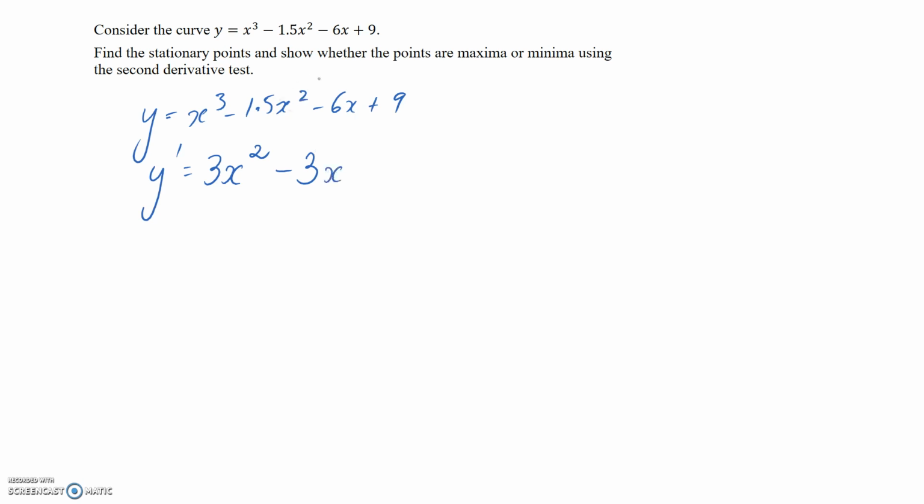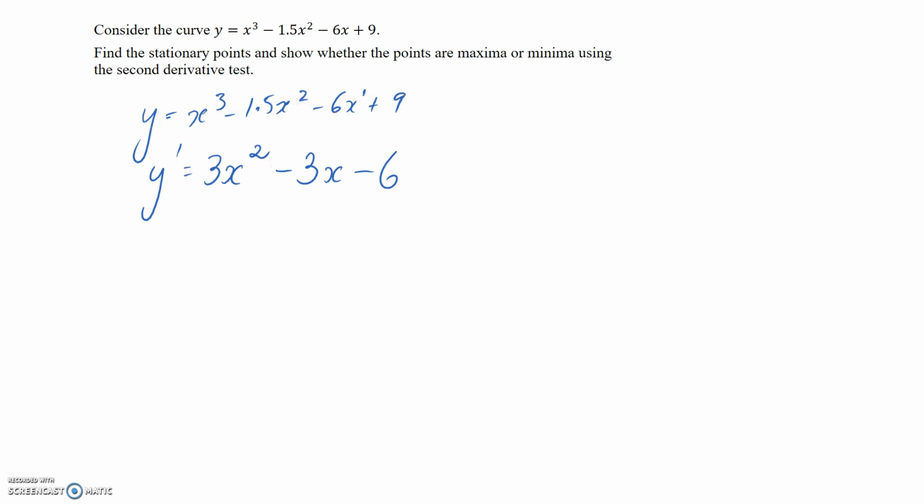X, take 1 off the power, that's going to go to 1, so I'll just leave it. This is like x to the 1, so 1 times negative 6 is negative 6. Take 1 off the power, x to the power of 0 is 1, so we'll just leave it as 6. And we know the derivative of a constant is equal to 0.